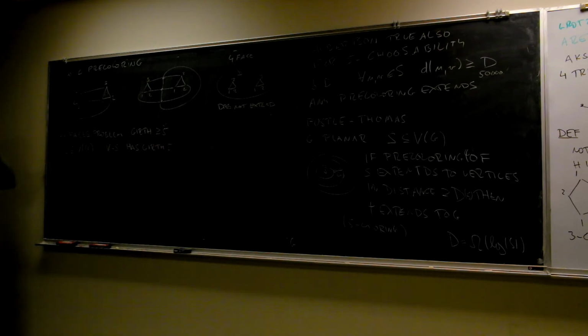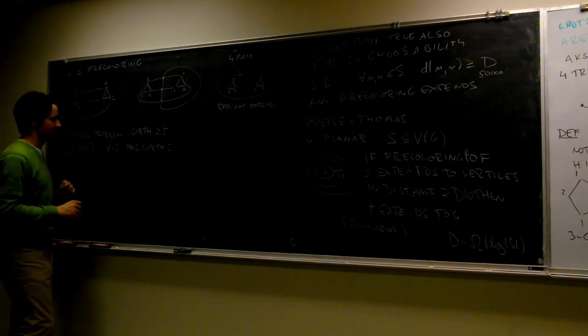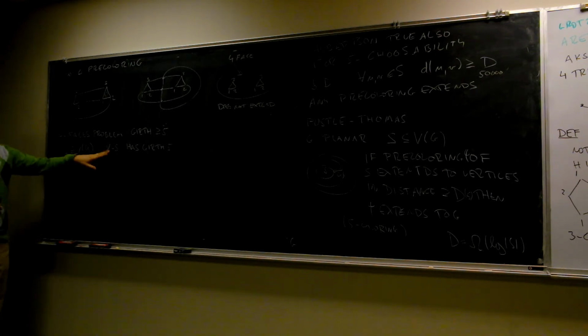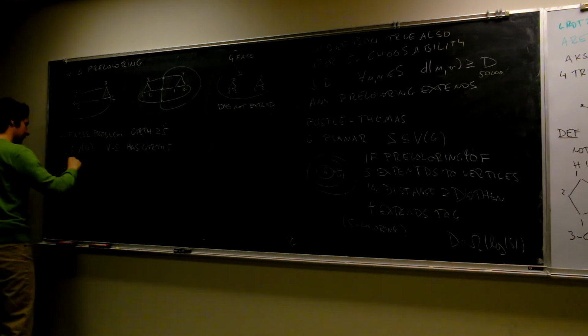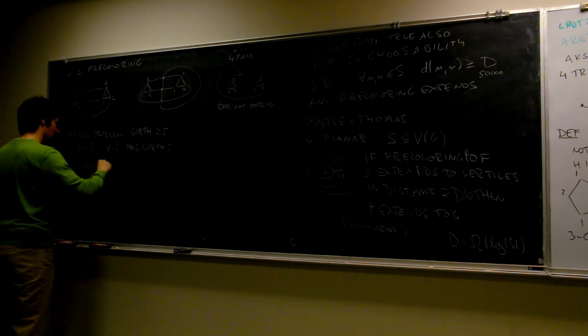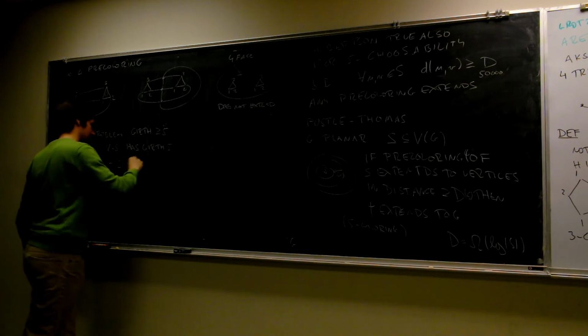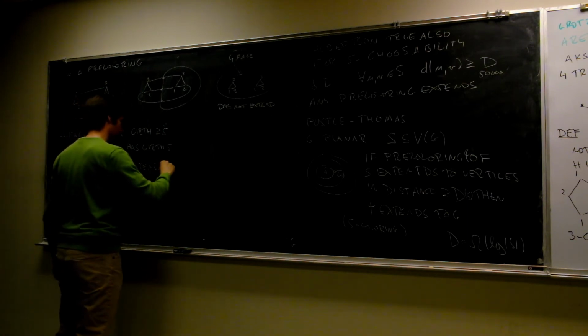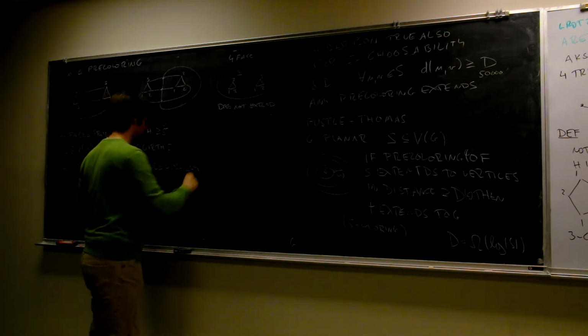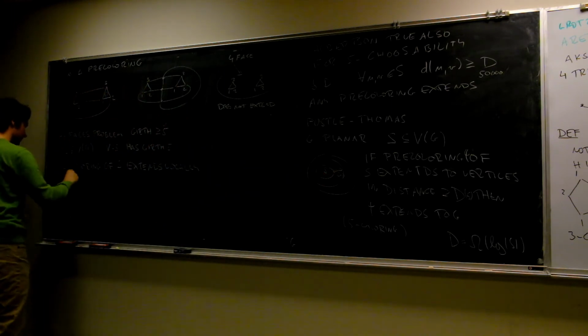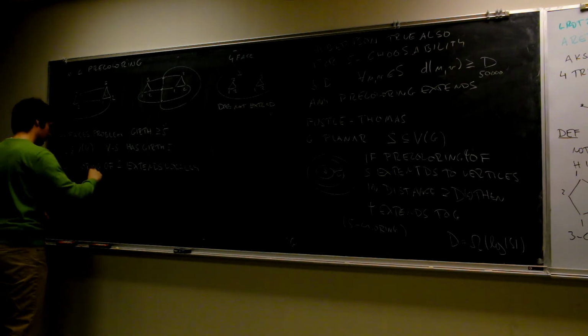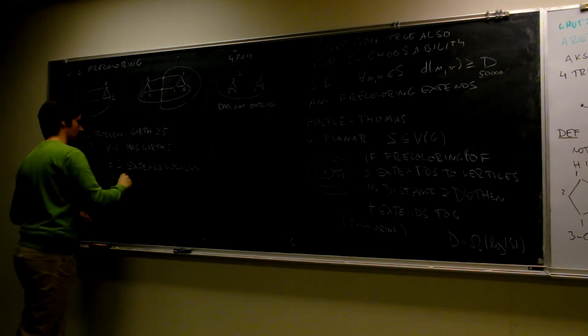Okay, you can have some strange things happening in S. If they are not in S, and the coloring of S extends locally, by extends locally I mean this picture, then it extends to the whole G.